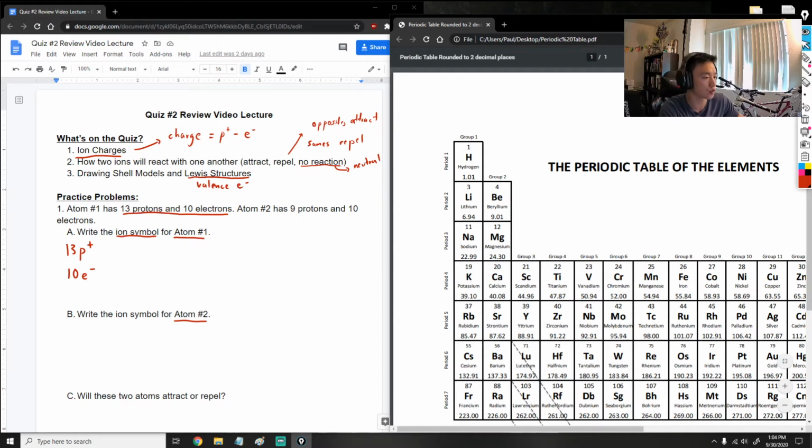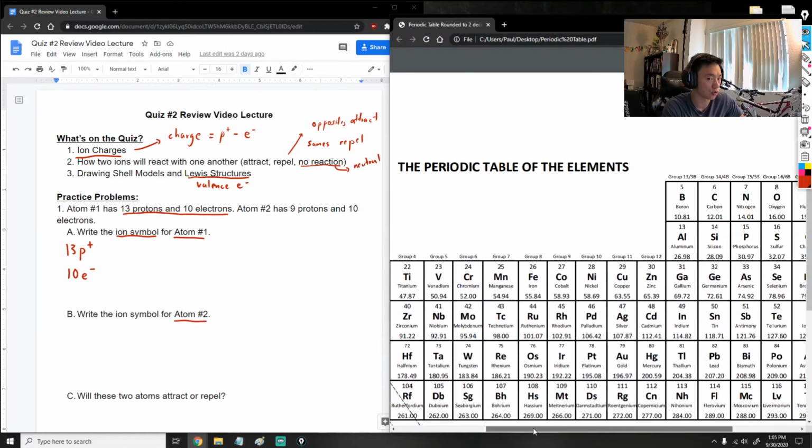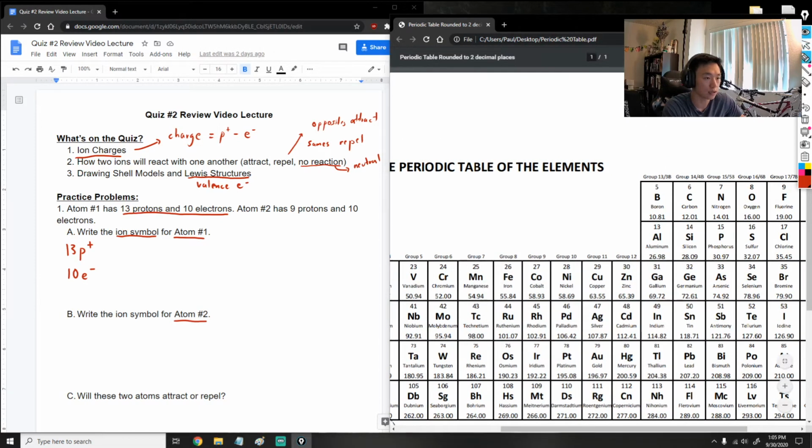So what we're going to do is we're going to go on the periodic table and look for the atom that has 13 protons. So if you guys go across the periodic table, by now you guys should know that protons are going to be based off the atomic number. So the number on the top tells you how many protons there are. So we look for the number 13, and it looks like the element that has 13 protons is aluminum.